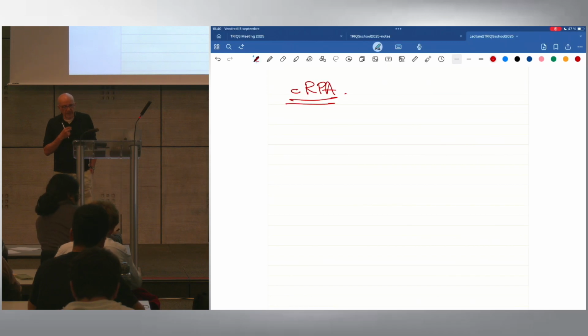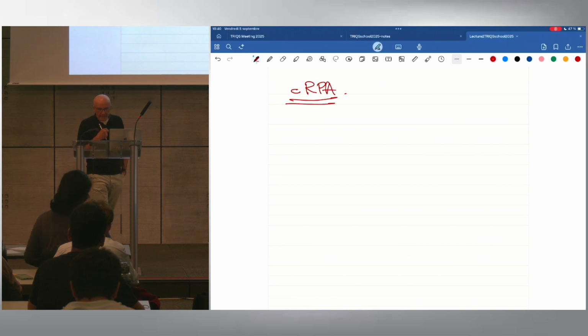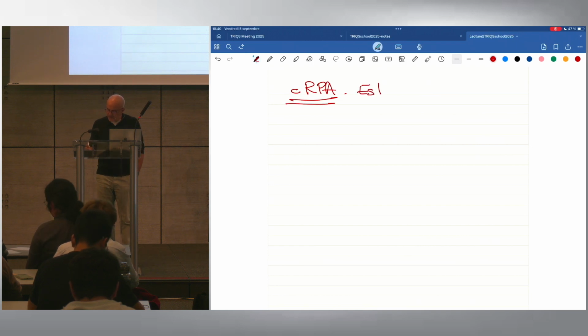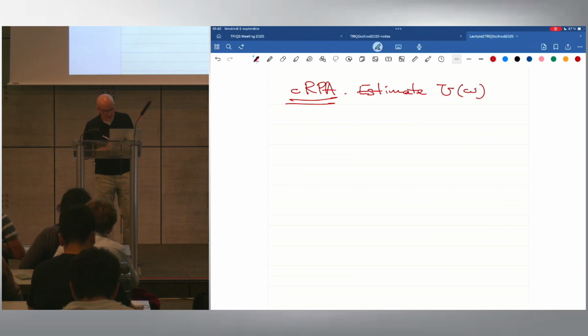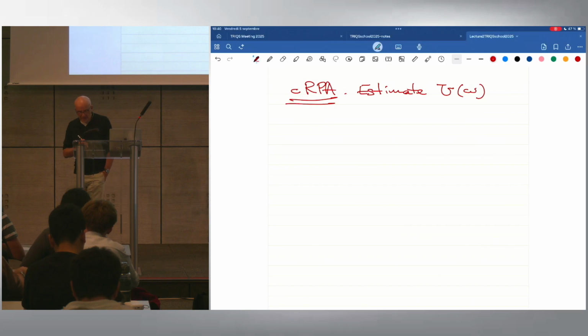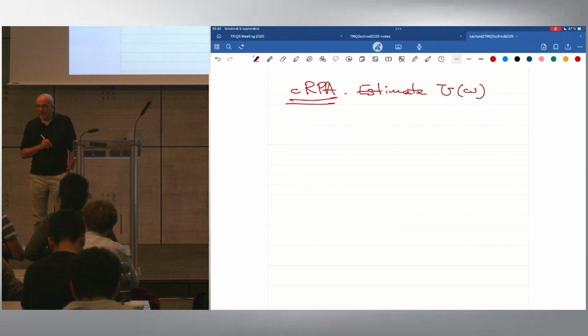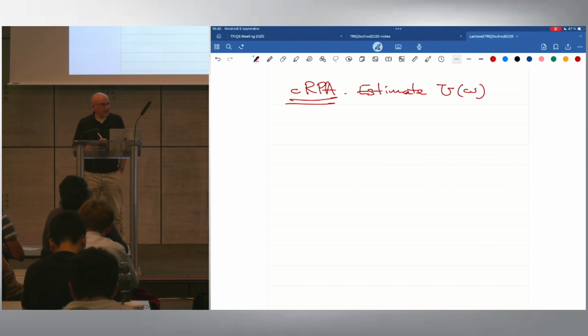So what is constrained RPA? Okay? Constrained RPA is a way to estimate. I say estimate because I don't believe that constrained RPA, despite my being one of the co-authors of the original paper, is the ultimate answer to what U of omega is in a solid.